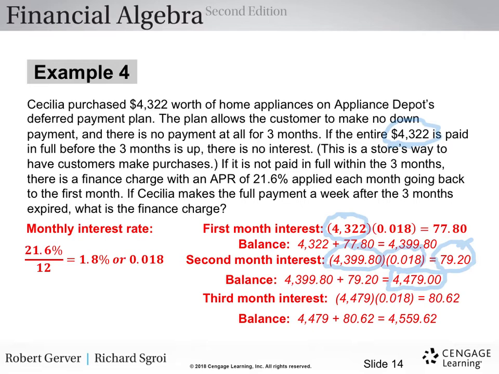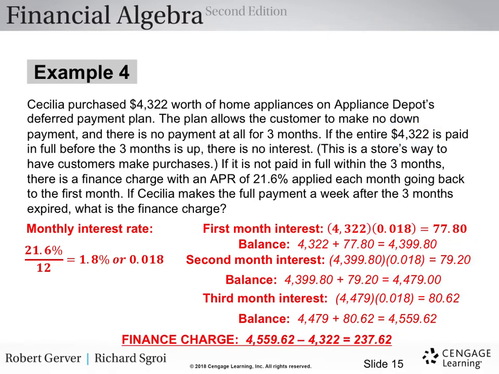Do the same thing for the third month. Take the new balance, $4,479 times 0.018. The third month's interest is higher still, $80.62. So the balance due after the third month is going to be $4,559.62. So the finance charge, the amount extra that Cecilia had to pay, remember the original price was $4,322.